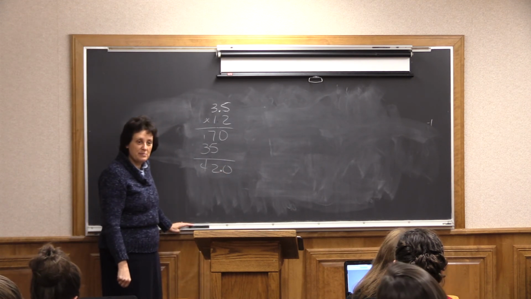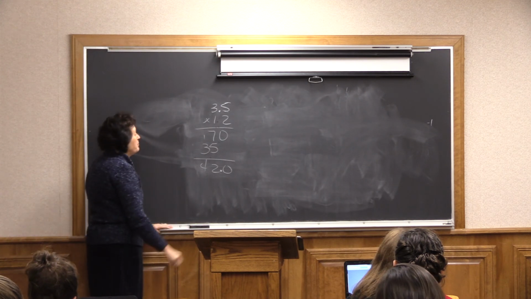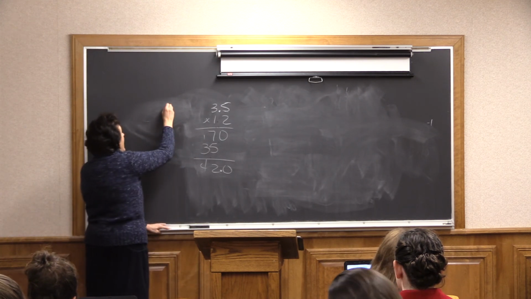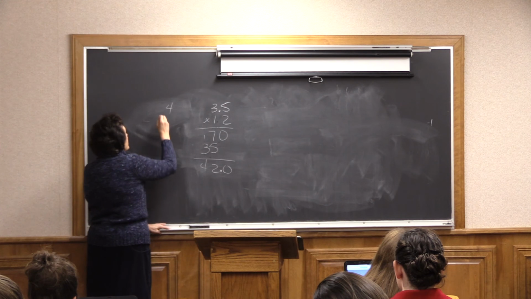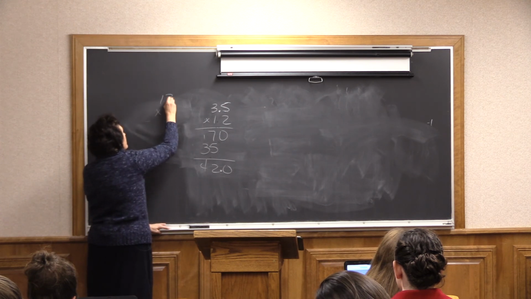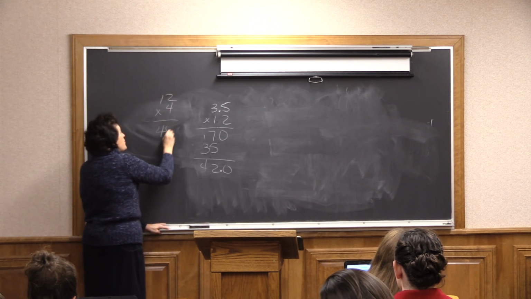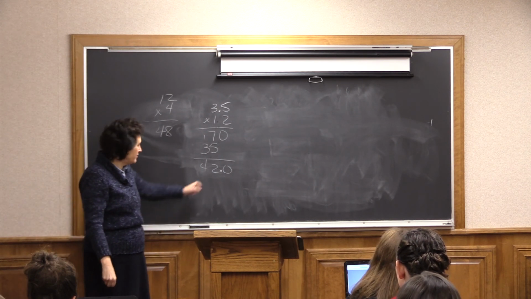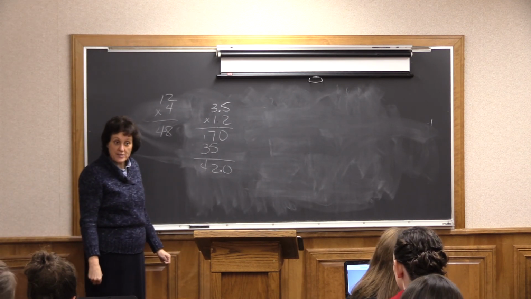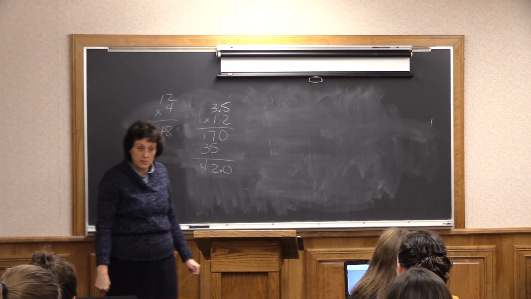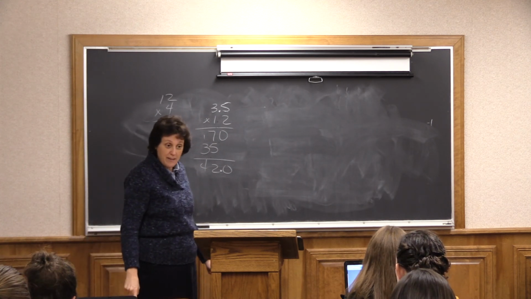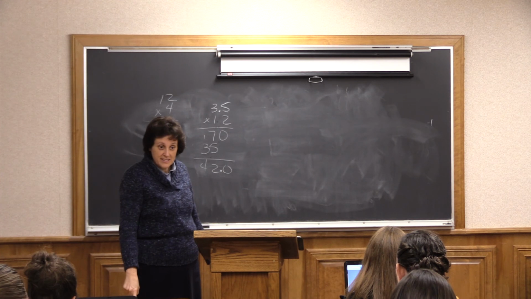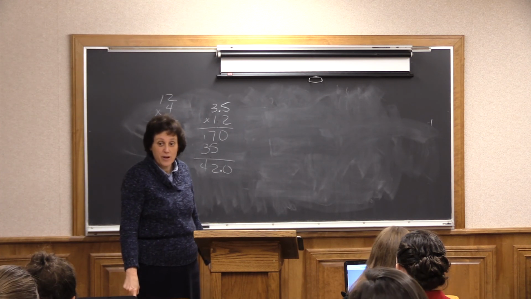And this is where estimation comes in. Basically, what do I have? I have almost 4 times 12. 4 times 12 is 48, so it makes sense that almost 4 times 12 is 42. Estimation is an important decimal skill because the answer here is not 4, is it? And it's not 420, it's 42.